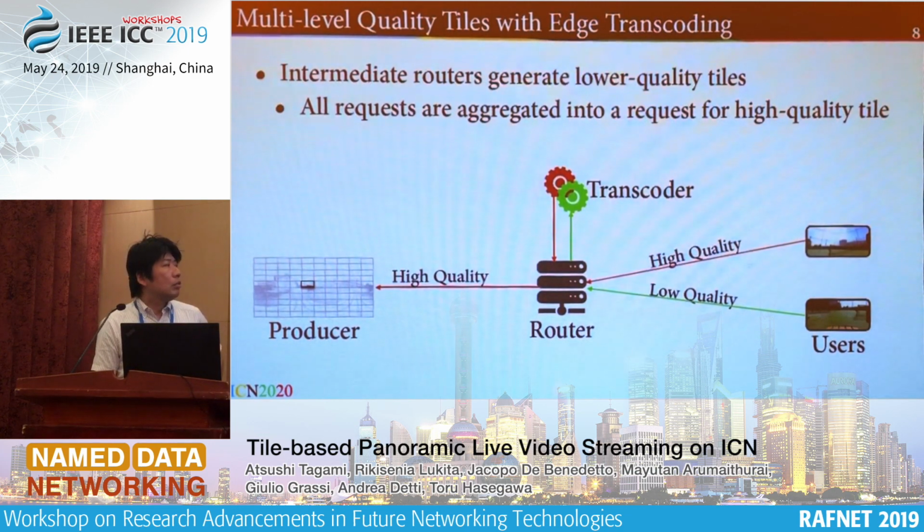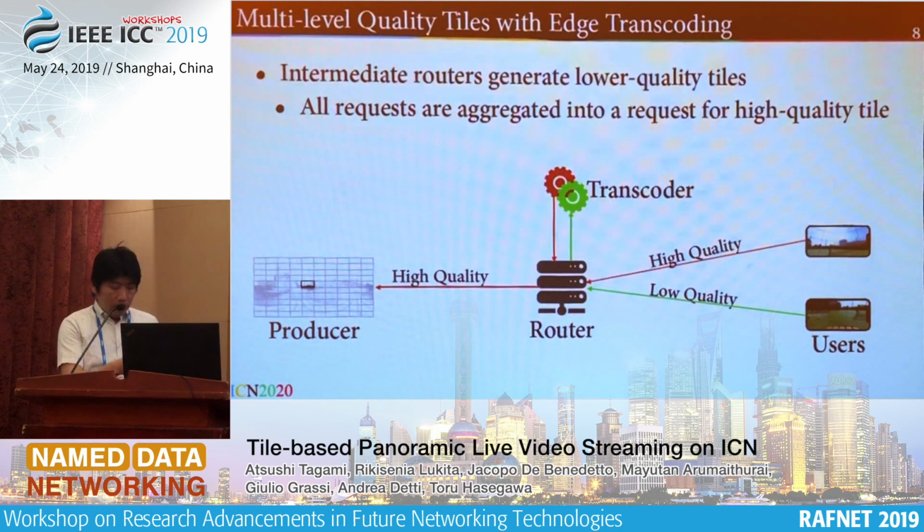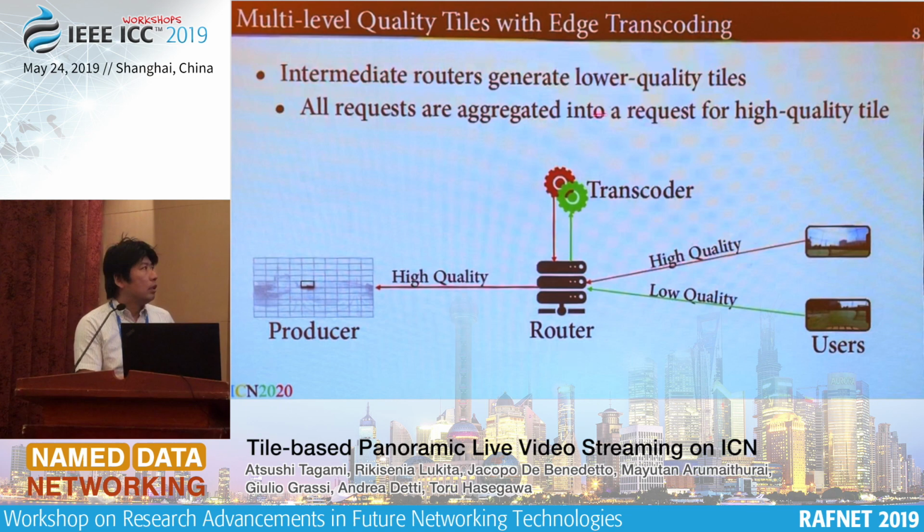So to avoid this demerit, we introduce a transcoder on the intermediate router. For example, one user requests a high quality tile and another user requests a low quality tile. The intermediate router transcodes the high quality tile to the low quality tile.